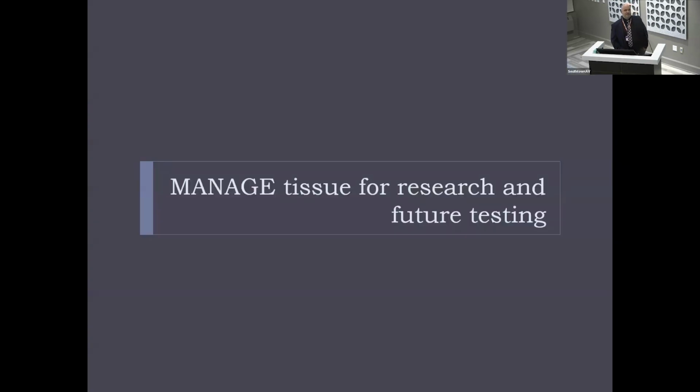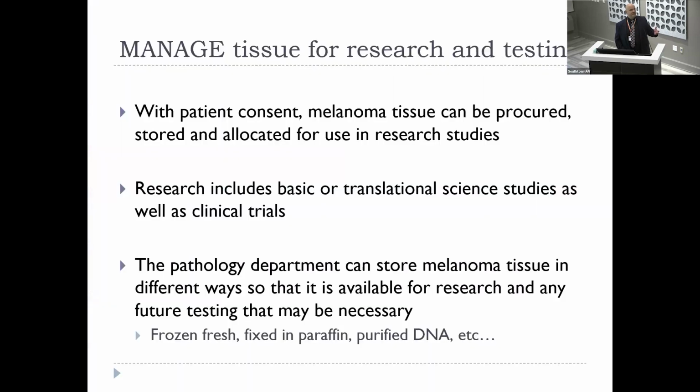One important portion, not necessarily immediately important for treatment of patients but for the future, is the ability of pathology to manage tissue for research and future testing. As probably most of you know, if you're asked to give consent, the tissue that's procured for the melanoma, which is going to be procured anyway because the tumor needs to be taken out, not all of it is used for diagnosis.